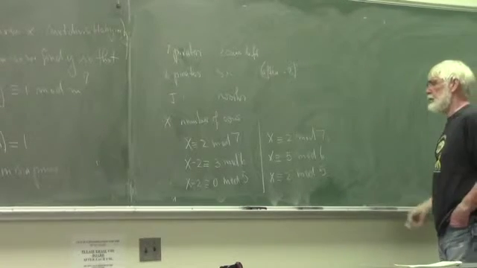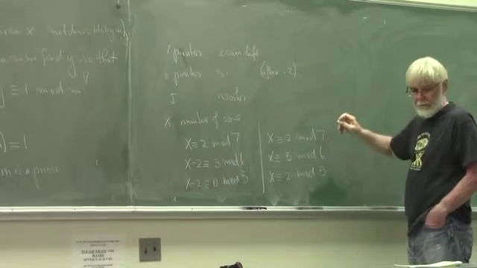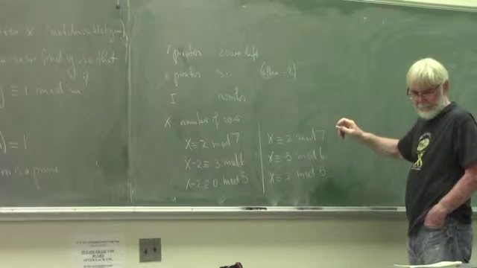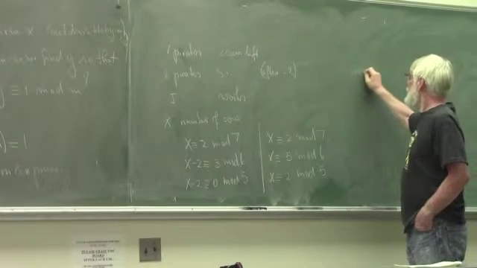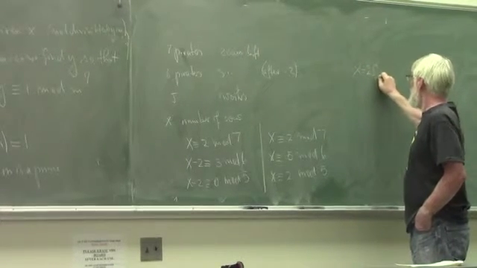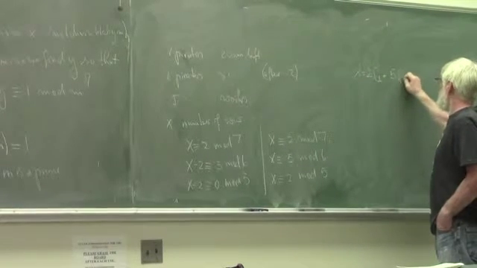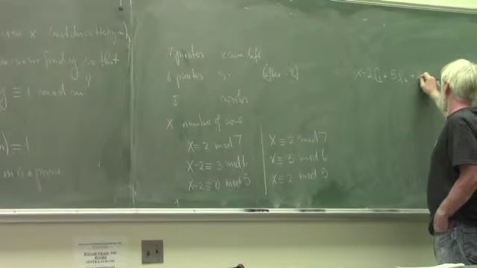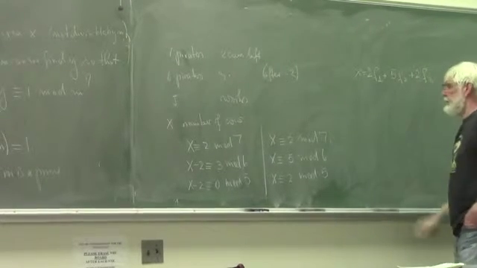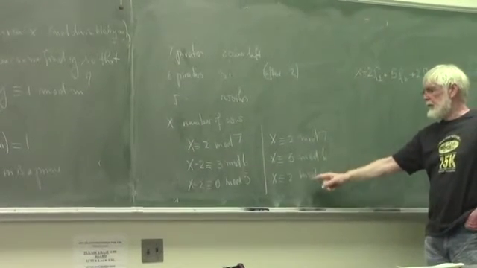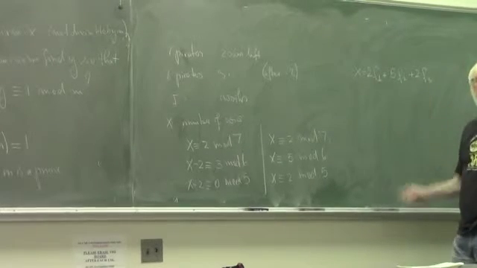Then what you can do is say X is 2F1 plus 5F2 plus 2F3, because I took the remainders and put them here.